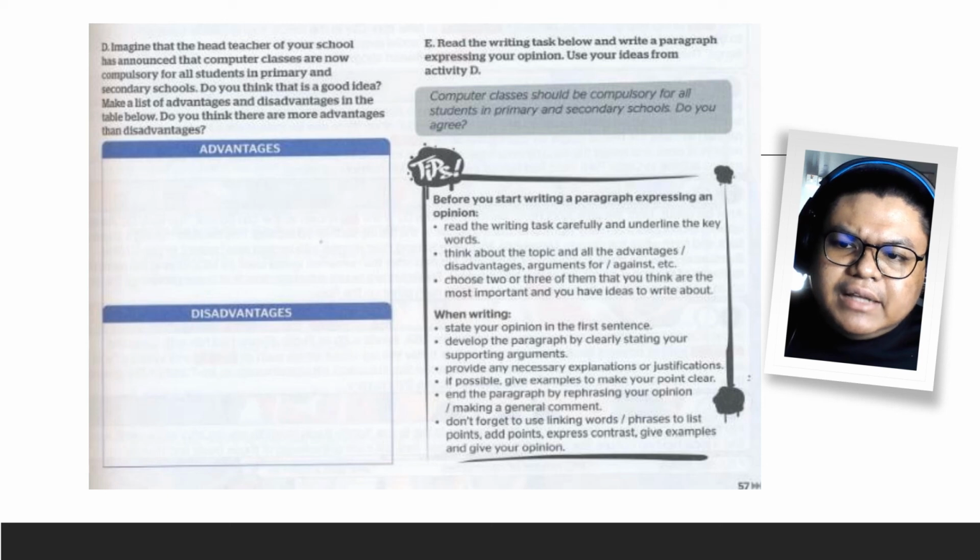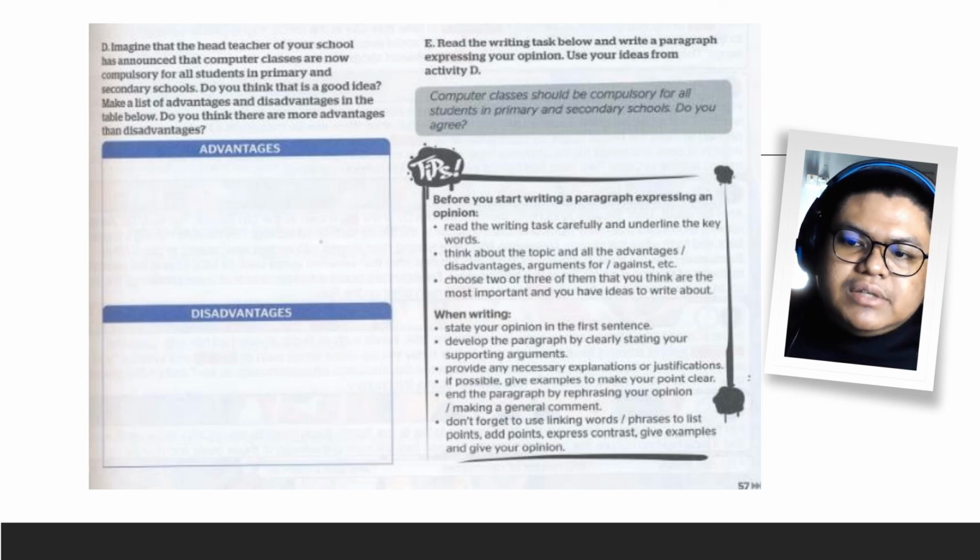Okay, so there are some tips here that you can follow to do this exercise. Okay, before you start writing a paragraph expressing your opinion, read the writing task carefully and underline the keyword. Okay, think about the topic and all the advantages and the disadvantages, arguments for, arguments against.